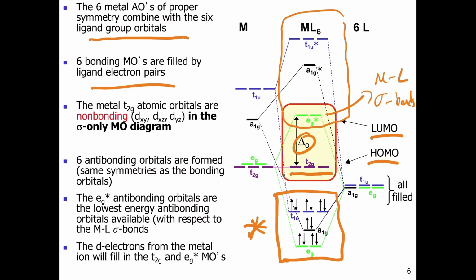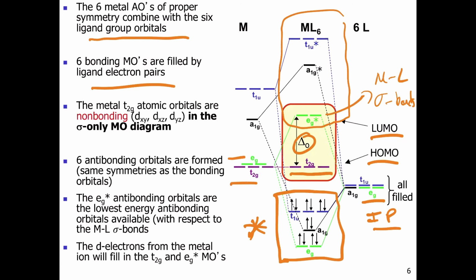And then the magnitude of Δ_O is going to basically be relevant with respect to the energies of the d orbitals on the metal and the ligand-based group orbital. So really the ionization potentials of the ligand group orbitals tells you where they're going to be located in energy with respect to the d orbitals on the metal.